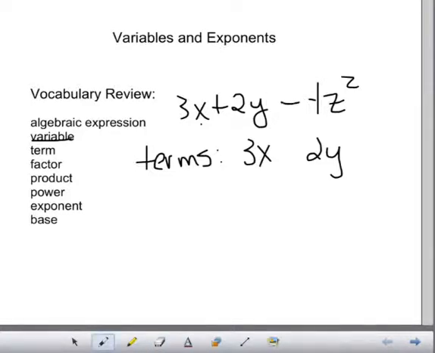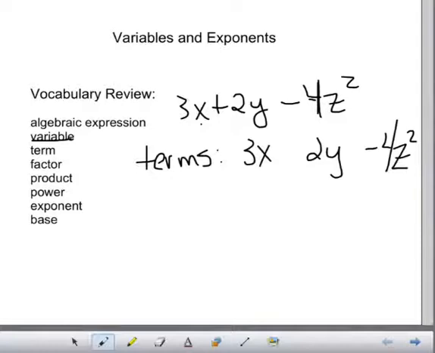I'm going to make that minus 4z, so that my term would be a negative, because that minus sign makes that a negative 4z to the second power. So my terms in this one are 3x, 2y, and negative 4z to the second.